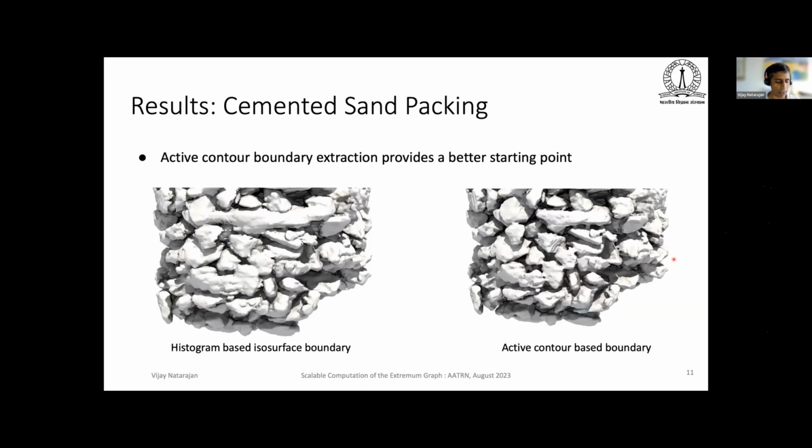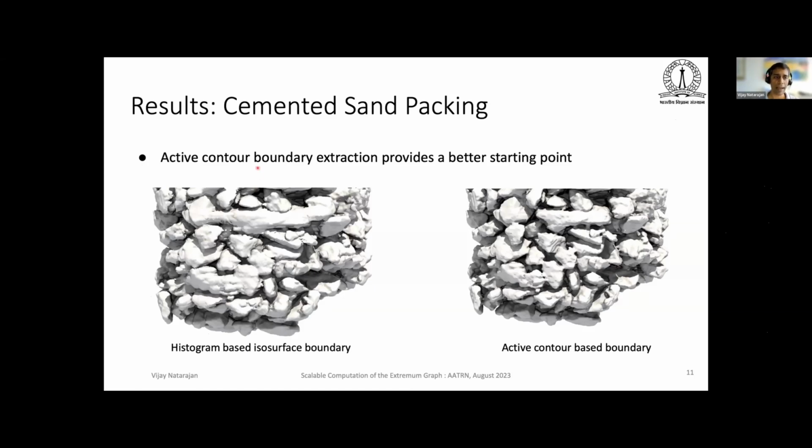So more crucial is the application of this approach to arbitrary grain sizes and different shapes of particles. So we applied this to a cemented sand packing ensemble, and each step in the pipeline contributes towards the quality of the results.